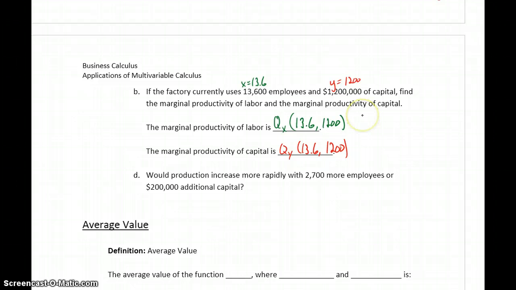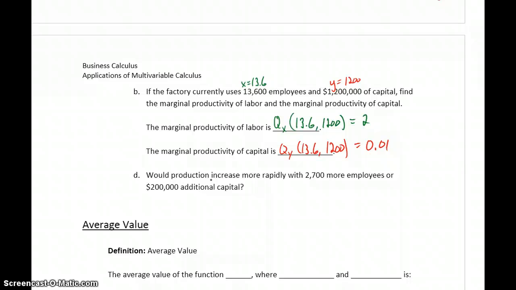Which would give us results in this case of 2 and 0.01. So we could go back to Wolfram Alpha to evaluate those. And again, we're interested in would production increase more rapidly with 2,700 more employees or $200,000 additional capital.